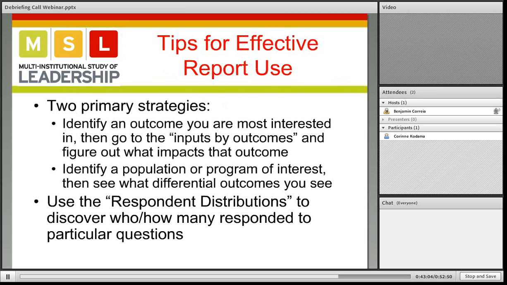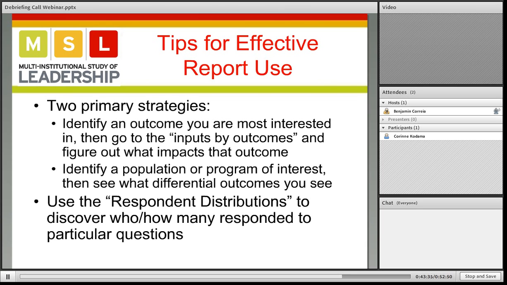There are a couple of different strategies you can use for using your report. The first strategy is that you can identify an outcome you are most interested in, for example, citizenship, and investigate it from that angle. The other way to do it is to identify a population of interest, say Asian Americans, and look at it from that perspective, or a particular program of interest, say your freshman seminar program, and examine it from that lens.